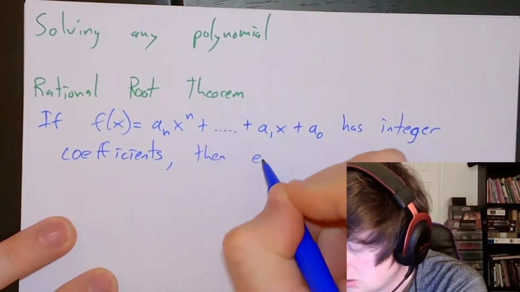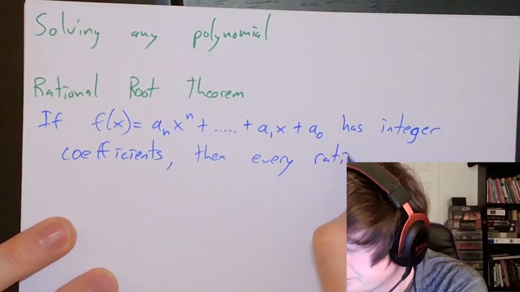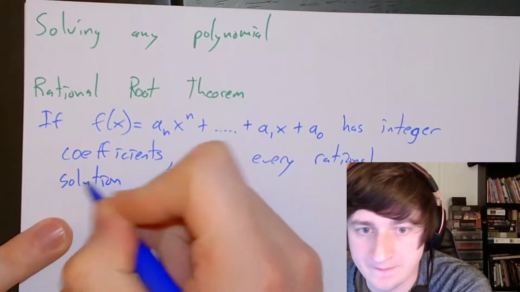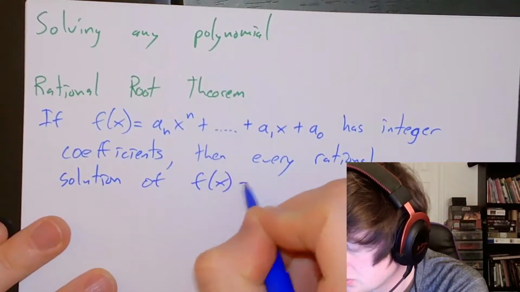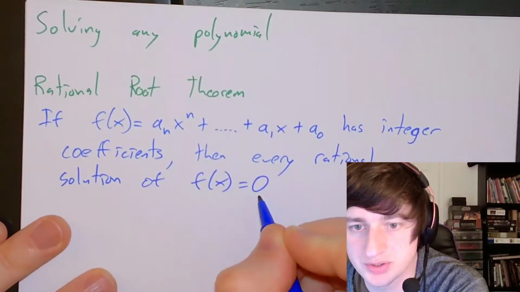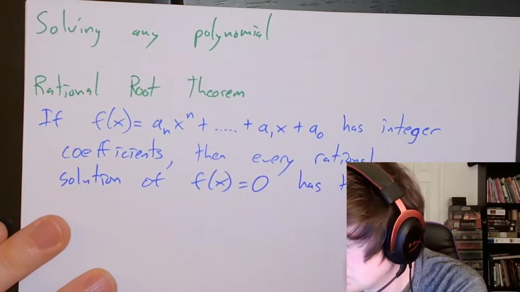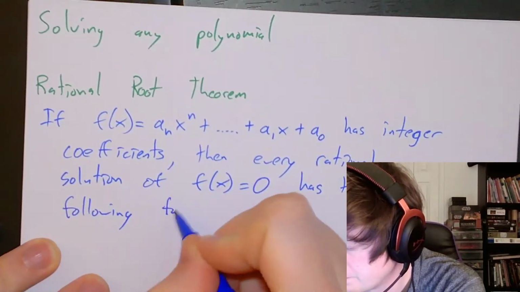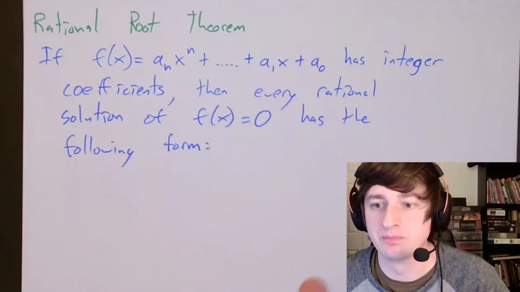then every rational solution of f of x equals 0. So all the roots, all the solutions have the following form. Oh, whoops, there we go.